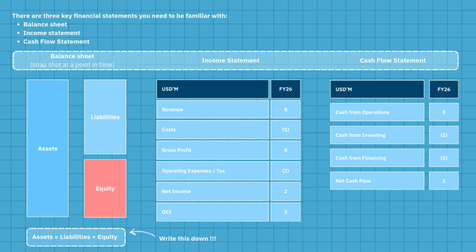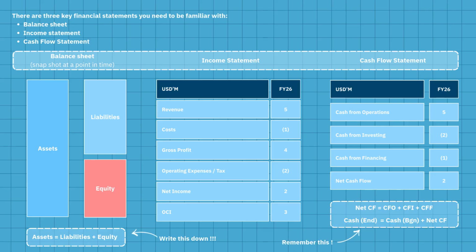Investing cash flows arise from the purchase or sale of long-term assets, such as property, equipment, subsidiaries, or investment assets. Financing cash flows reflect transactions related to raising or repaying capital. When you add operating, investing, and financing cash flows together, you get net cash flow for the period. When this amount is combined with the beginning cash balance, it should reconcile to the ending cash balance reported on the balance sheet. Together, these statements form the core of a company's financial report.